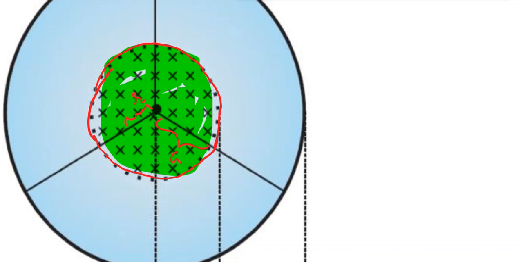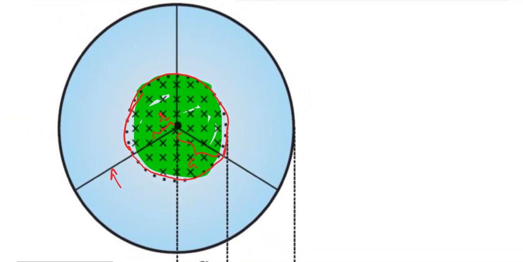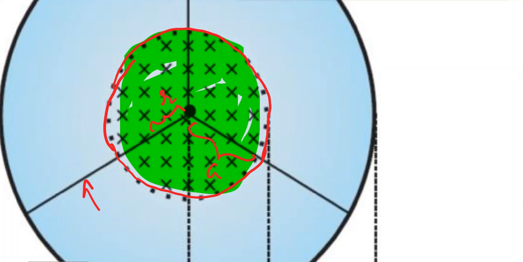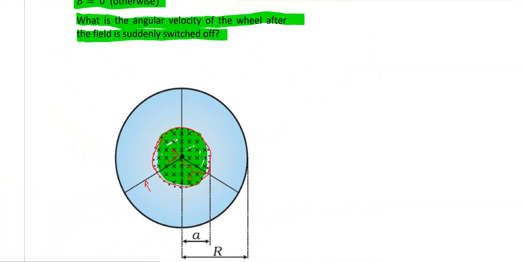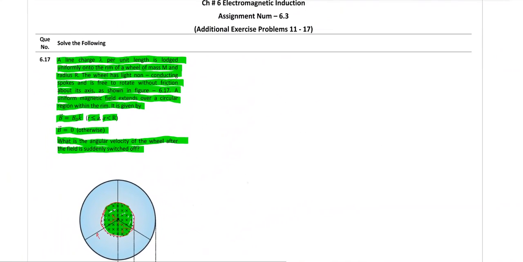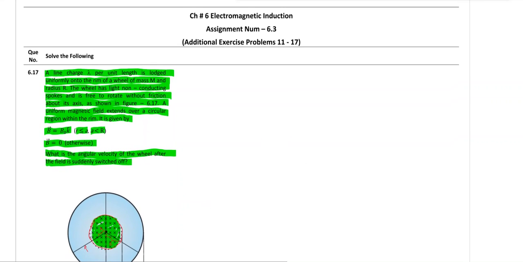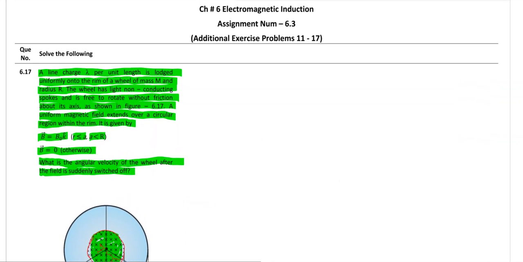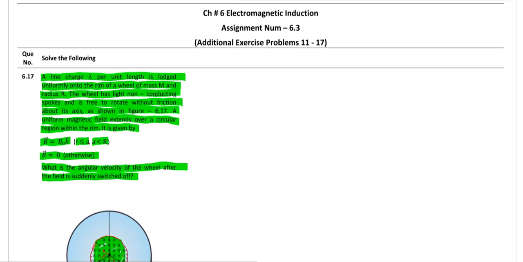Whenever you rotate this wheel on these spokes, you have an EMF induced, and it is only within the region where you have a magnetic field. If you stop the magnetic field, there will be some torque experienced, and then you will have some angular velocity.